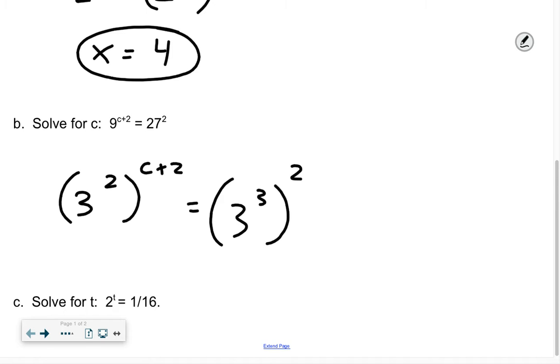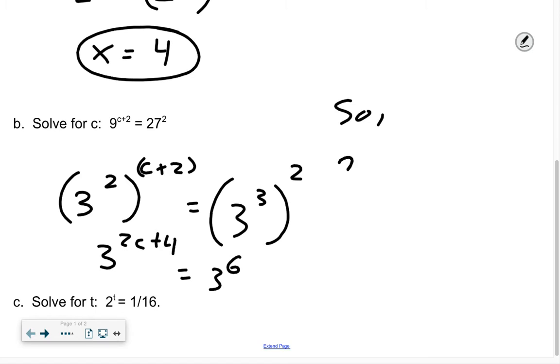This is okay. Power to a power indicates we want to do what? We need to multiply. And again, understand parentheses are there. We need to distribute that 2. So 2 times c is 2c. 2 times 2 is 4. And 3 to the 6th power. Bases are the same. We have an equal sign in between.